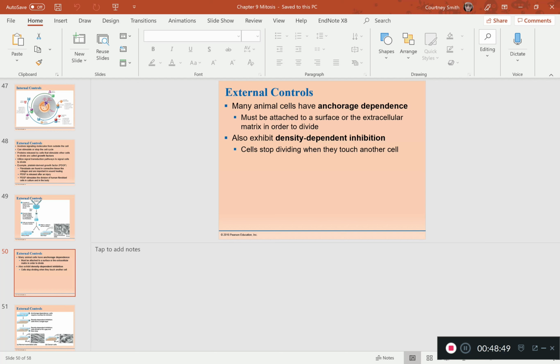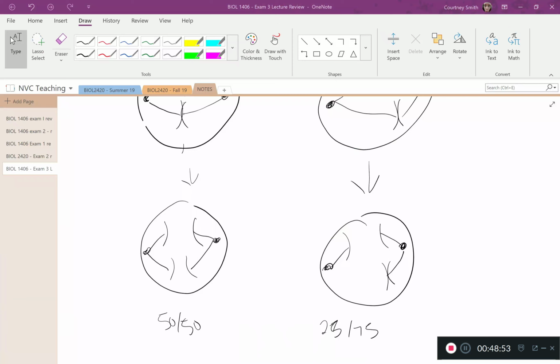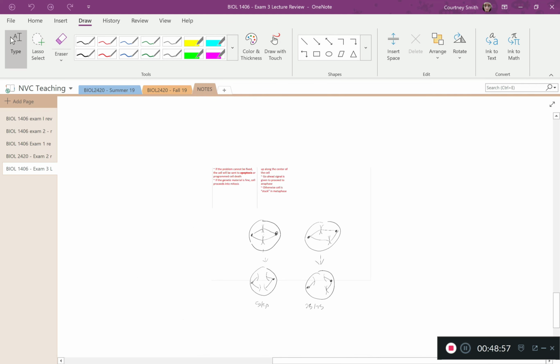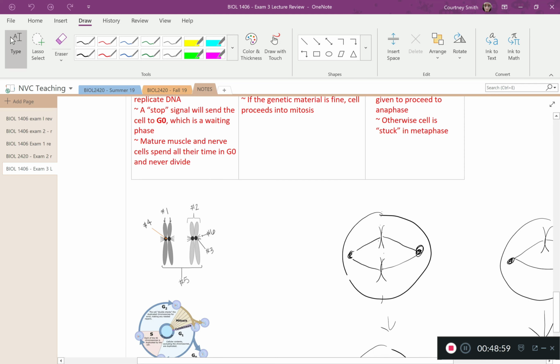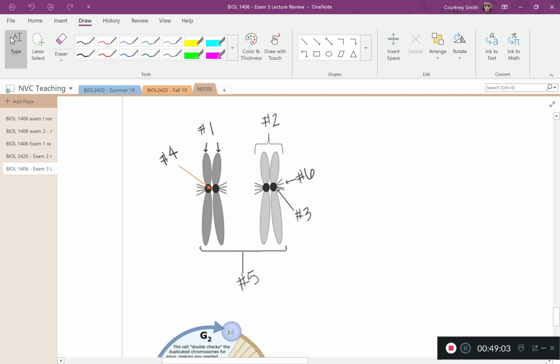Okie dokie. So with that, I'm going to go ahead and pull up the last two images on our exam review. So I've numbered these. You don't see that on the exam review that I posted, but I do want you to be able to tell me the differences between these. Number 1 is the sister chromatids.